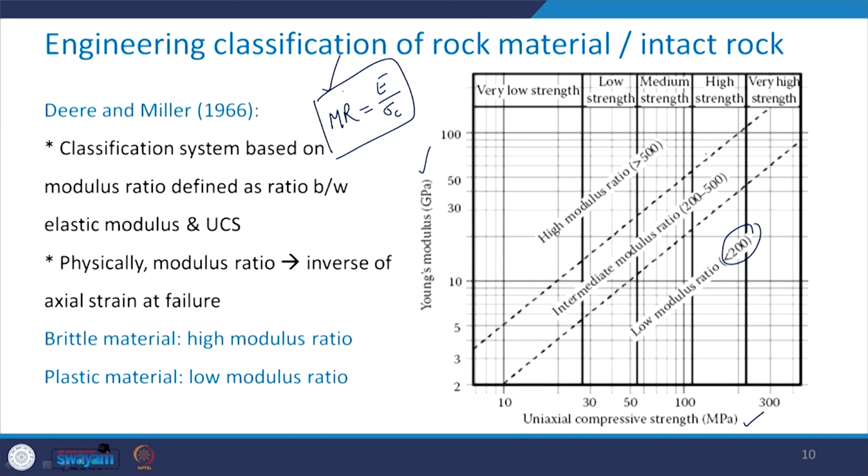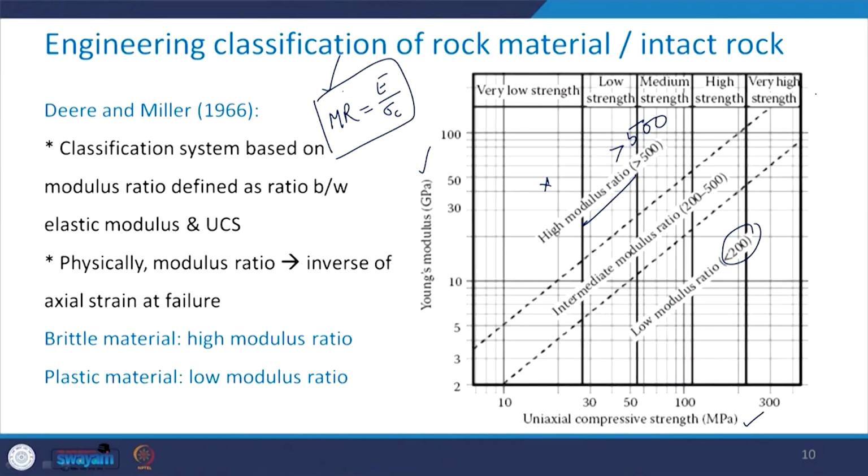Similarly, if you are in this zone, then it is the high modulus ratio, and numerically it is defined as greater than 500. So, if the modulus ratio is less than 200, it falls under the category of low modulus ratio. If it is beyond 500, then it falls in the category of high modulus ratio, and somewhere between 200 and 500 it is called the intermediate modulus ratio.